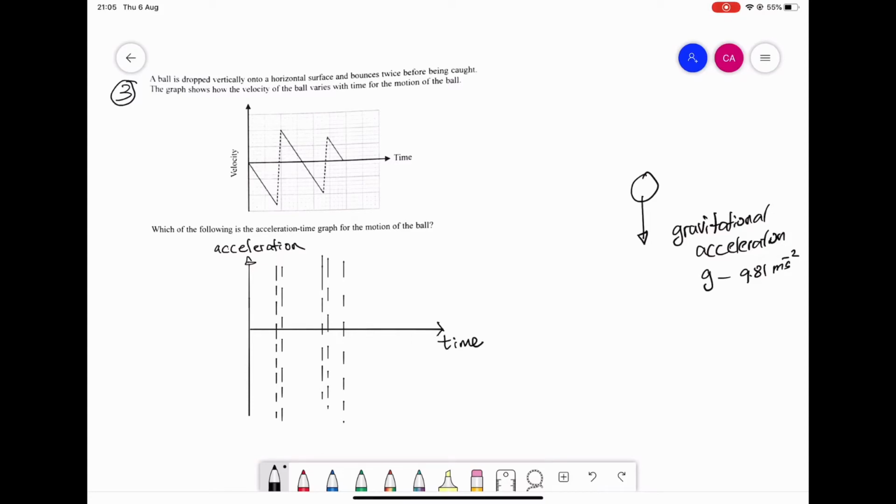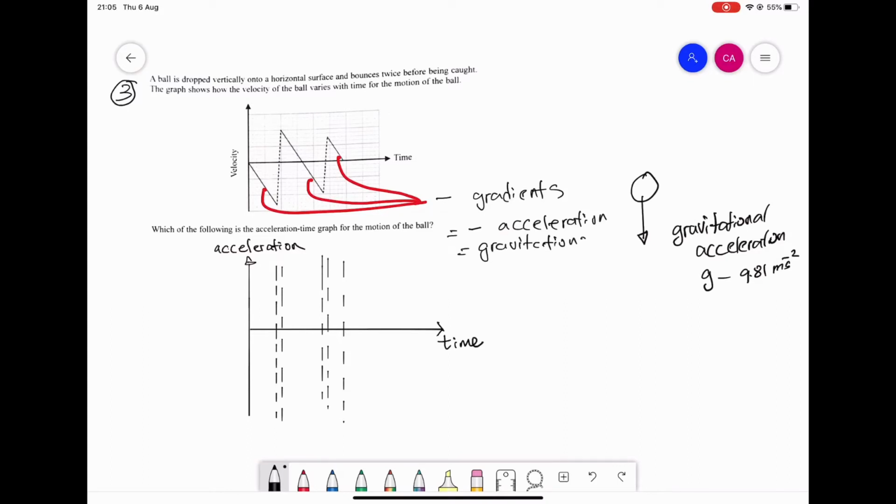Therefore, these three lines represent the gravitational acceleration because these are negative gradients. That means negative acceleration, which corresponds to the gravitational acceleration.